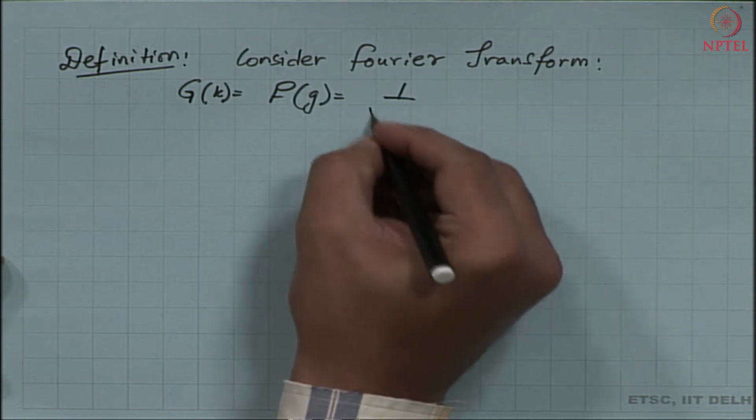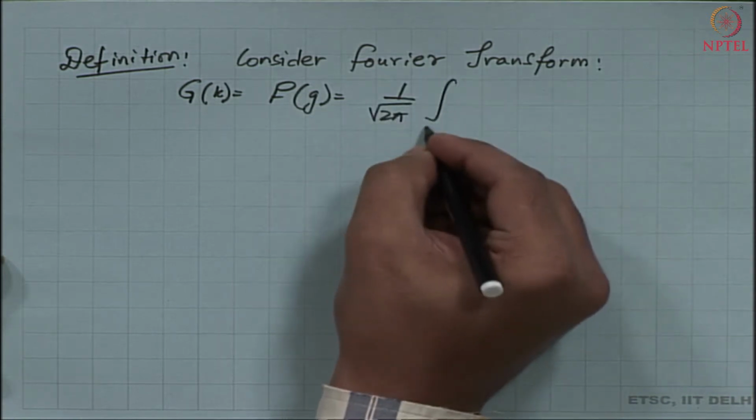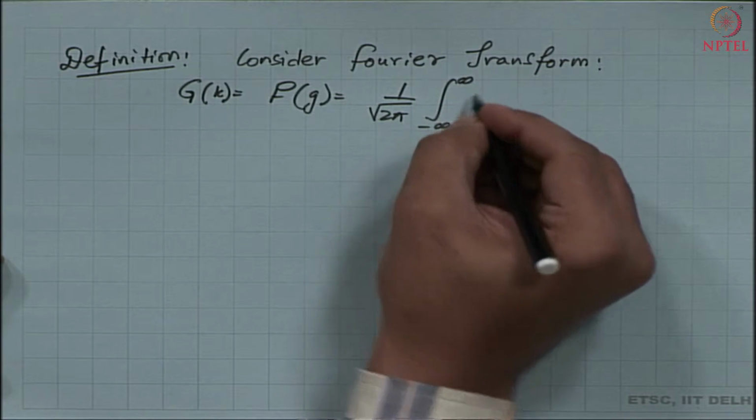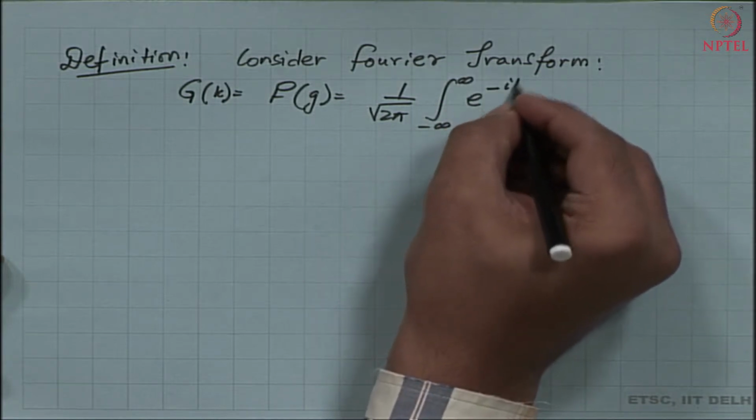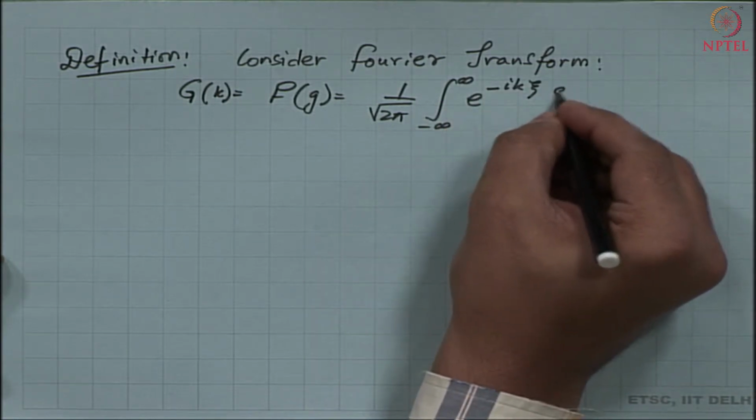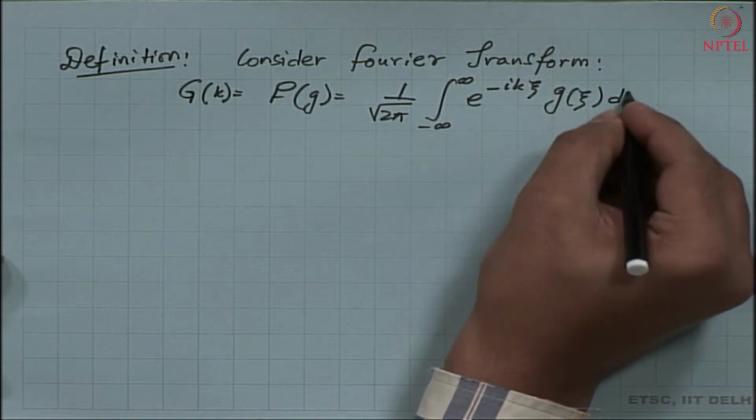is by definition as follows: negative infinity to infinity, e to the power negative i k zeta, g of zeta d zeta.